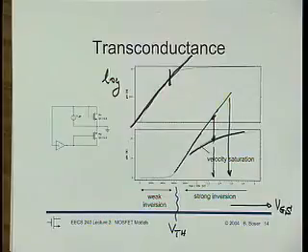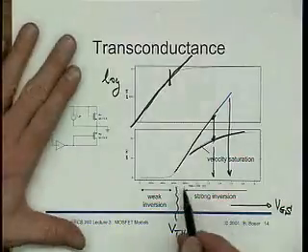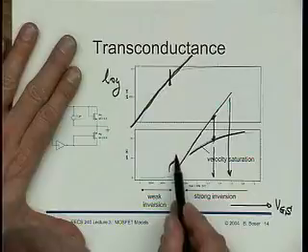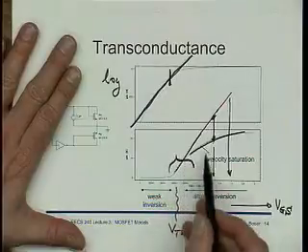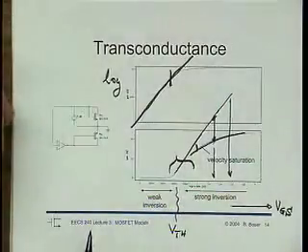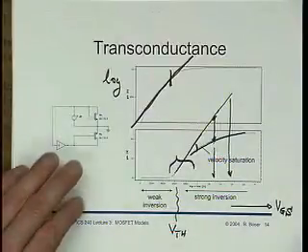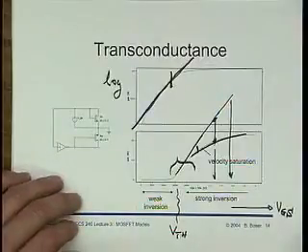Well, how often are we going to have 1.6 volts across the VGS of our transistor? Really, we're probably going to use our transistors most of the time somewhere here. So the deviation is significant, but it's not a factor of 2. But it's too big, so we're not going to use the square law model.